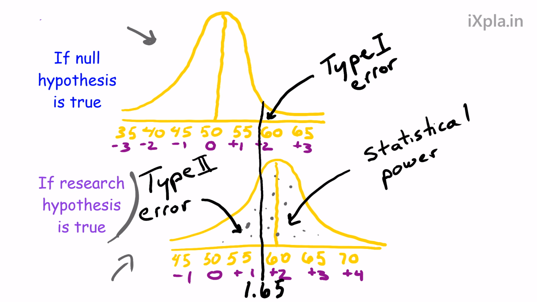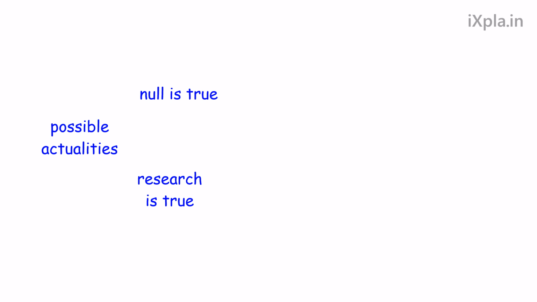Okay. There's one other way we can look at these things. And we can make a 2x2 table. And that's what I'm going to do right here. Whenever you're doing a research study, there's 2 possibilities. Either your null hypothesis is true or your research hypothesis is true. If your research hypothesis is true, that's another way of saying that the null is false.